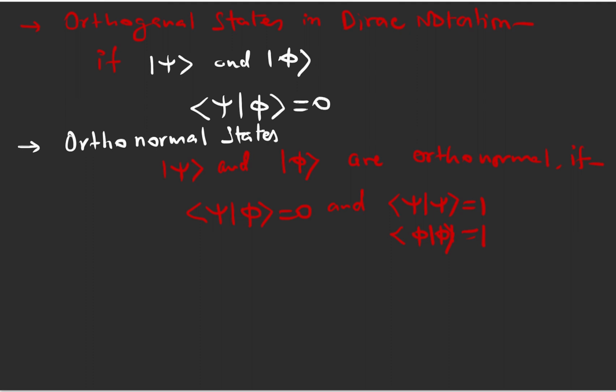Then they are said to be orthonormal states. That means they have to satisfy first the normalization condition and then the orthogonal condition.